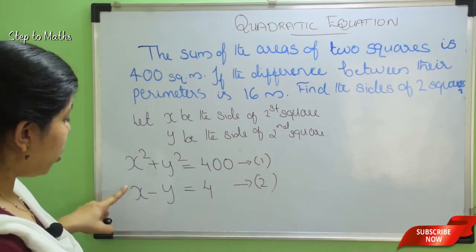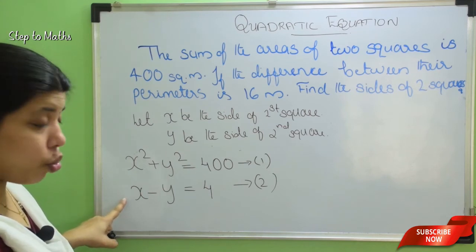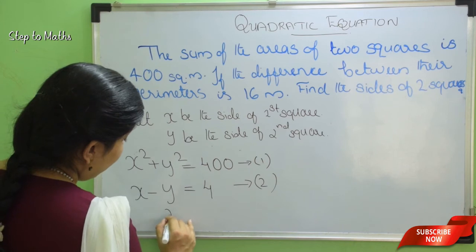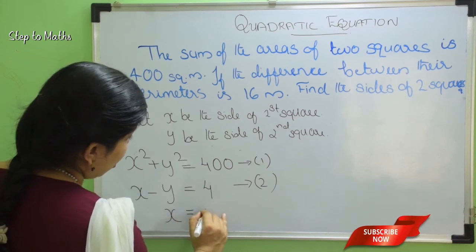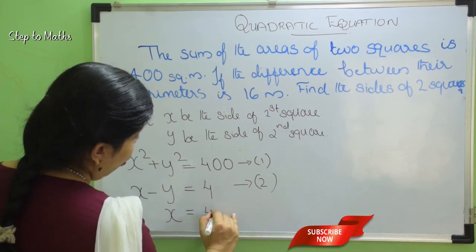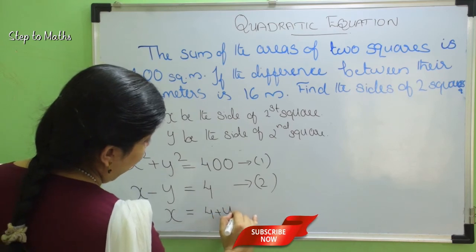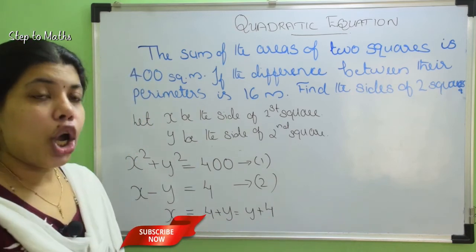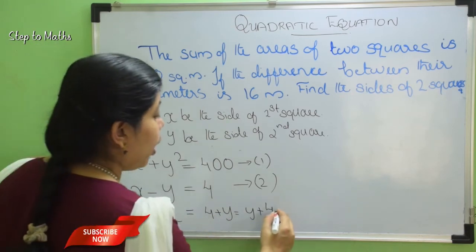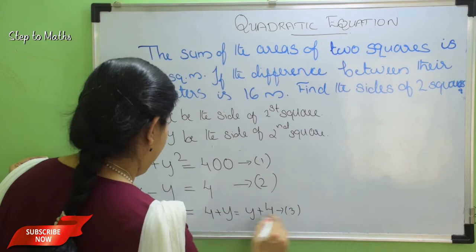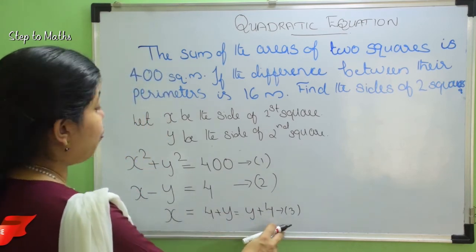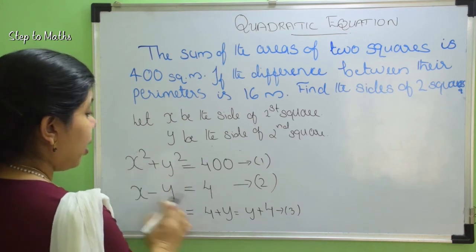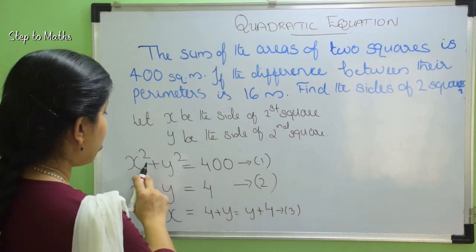From equation number 2, x minus y is equal to 4, we can write x is equal to y plus 4, equation number 3. Now substitute the value of x in equation number 1.